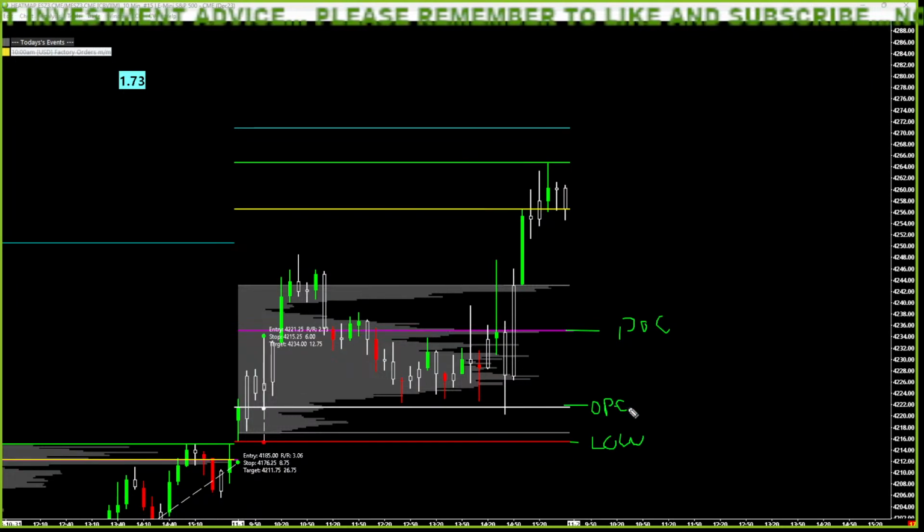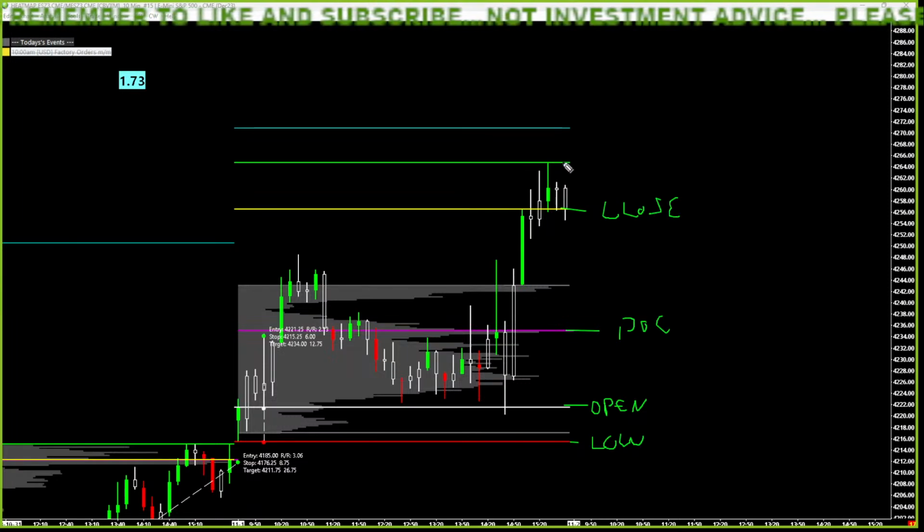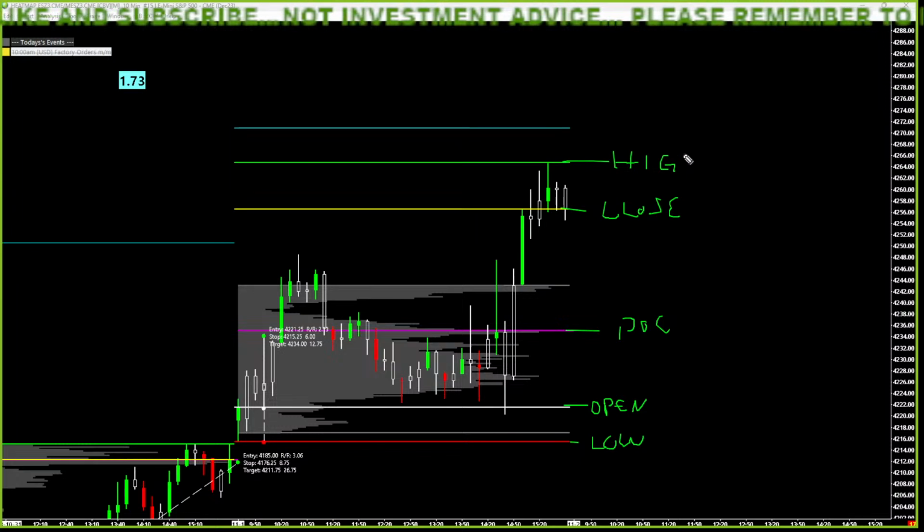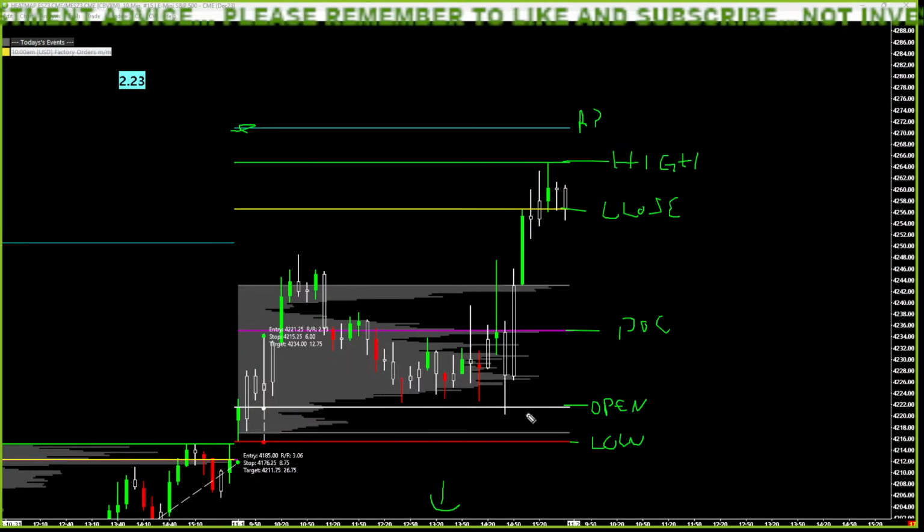That's where the market opens. And this yellow line is the close. And then this green line is the high. And then you'll see a blue line on some of them. The other blue line is probably lower here. And this is the R3, and the L3.